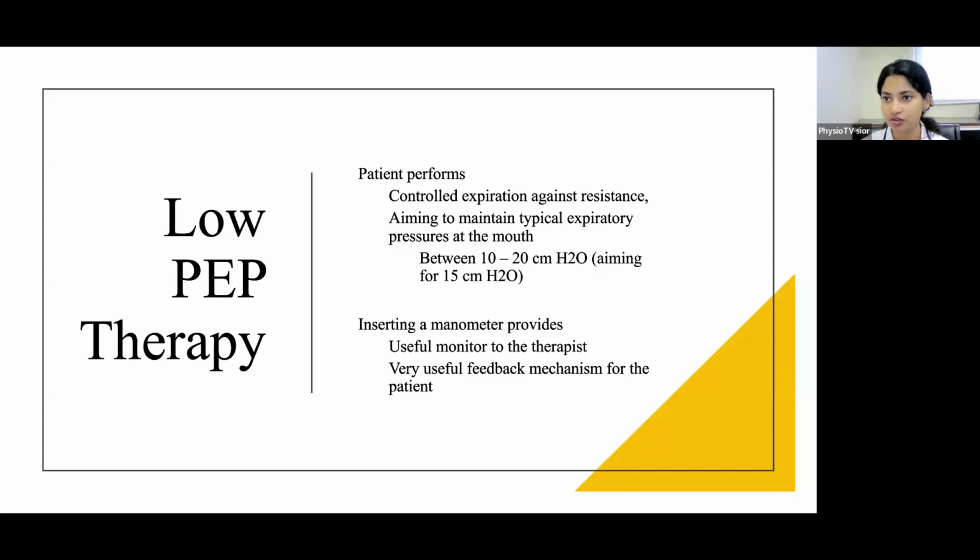This is the range of resistance that should be generated while using this therapy. Hence, it is always better to use a manometer which will measure the pressure being created, and that will offer a monitor to the therapist to check whether adequate pressure is being created, and also for the patient, because it will give visual feedback on whether the effort he is generating is adequate or not.